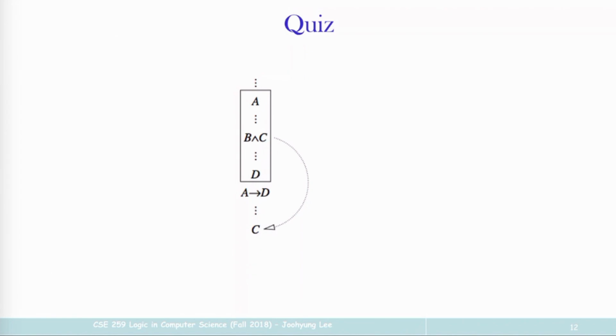Using C out of the box. C was inside the box, right? When you apply the conjunction elimination rule to derive C, you cannot refer to the one inside the inner box, right? So if you are saying that, oh, I know B and C is true, so I will get conjunction elimination from, let's say this is line N, this is wrong.